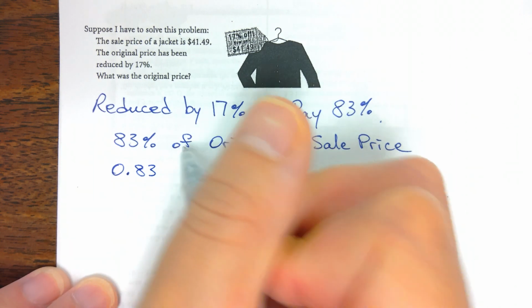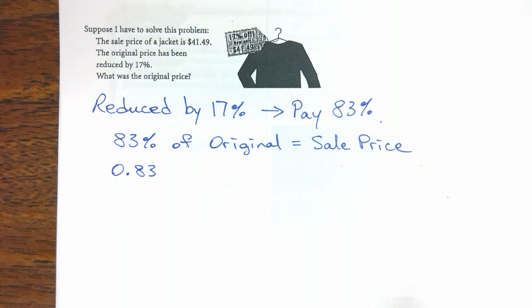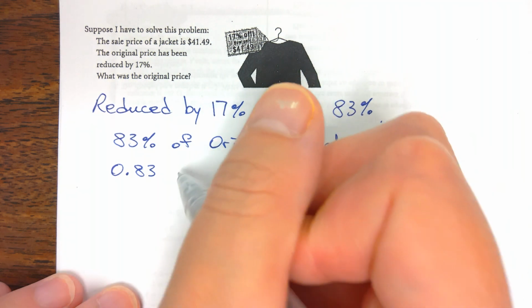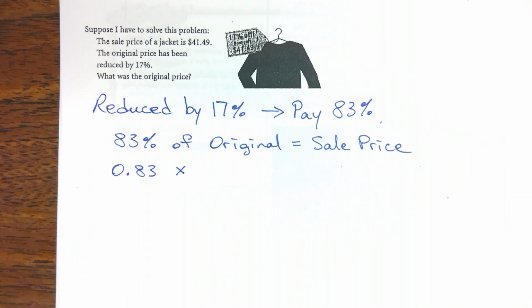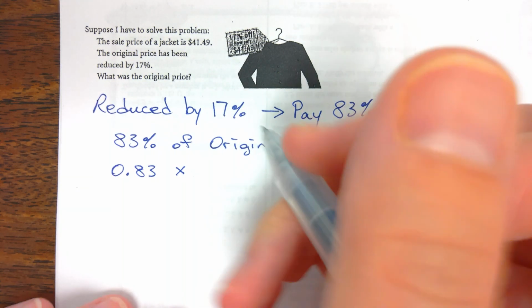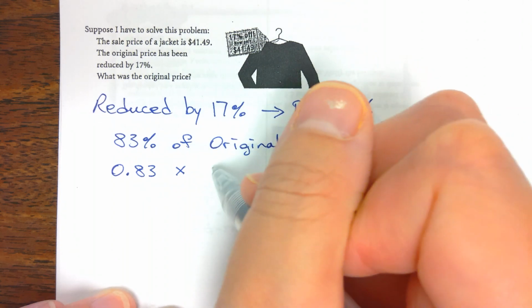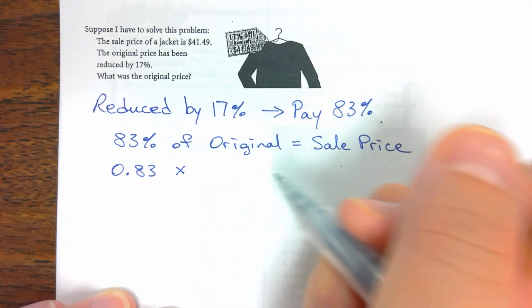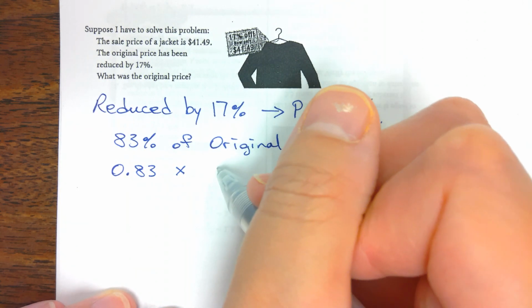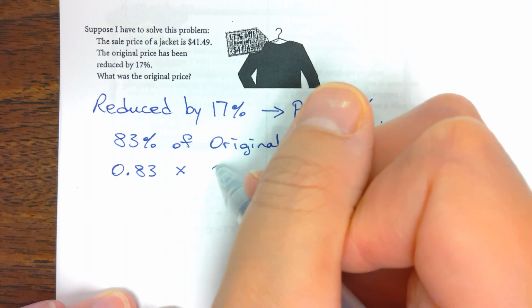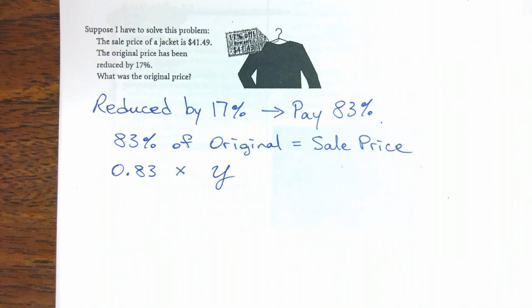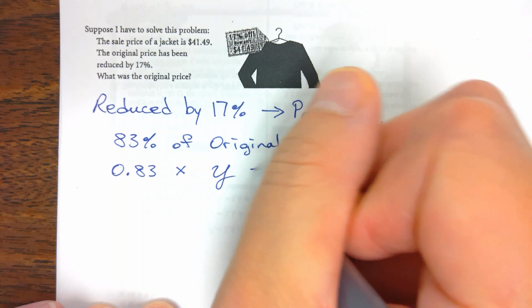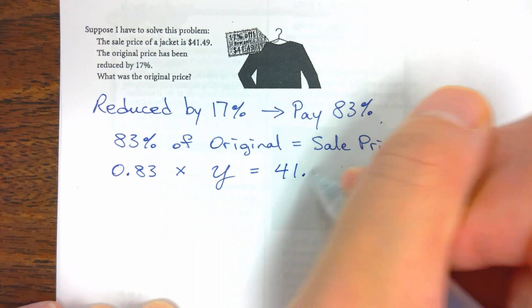Of means, is it add, subtract, multiply, divide? Multiply. Original price, I don't know what it is, so let's do, what letter? Okay, price, yeah. I'll say Y. And then equals $41.49.